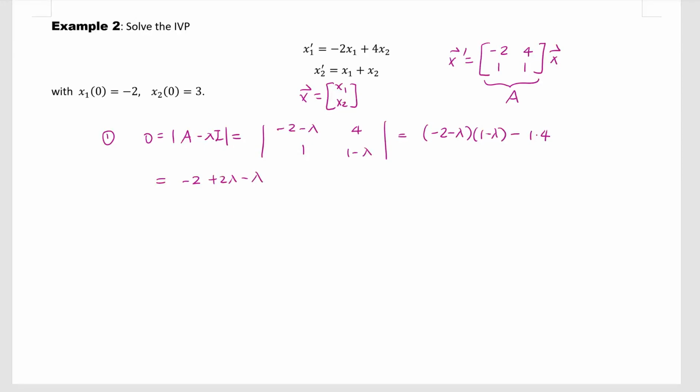Negative lambda times negative lambda is plus lambda squared, minus 4. Let's reorder it from the highest power, lambda squared, and then how many lambda? 2 lambda minus lambda is lambda. Negative 2 minus 4 is negative 6.